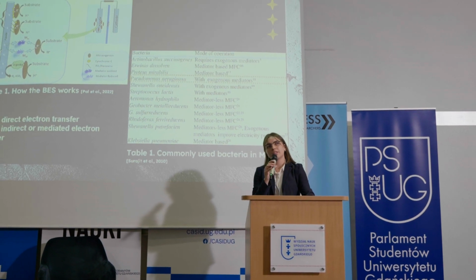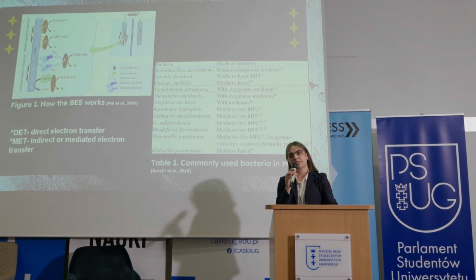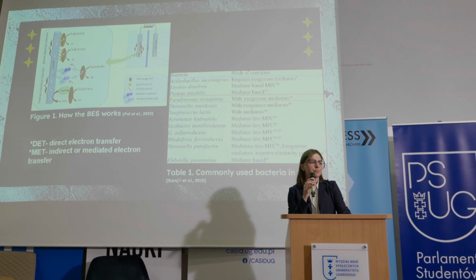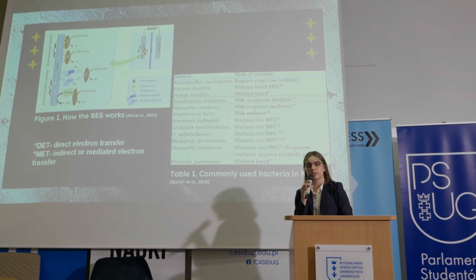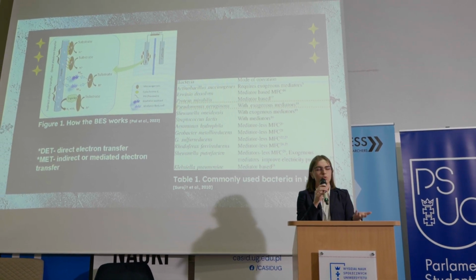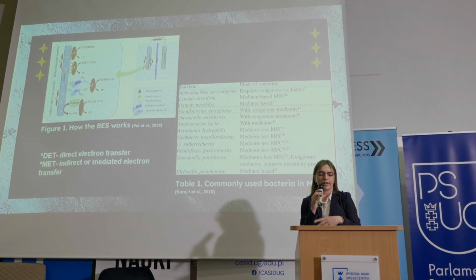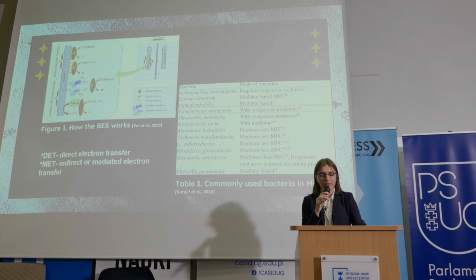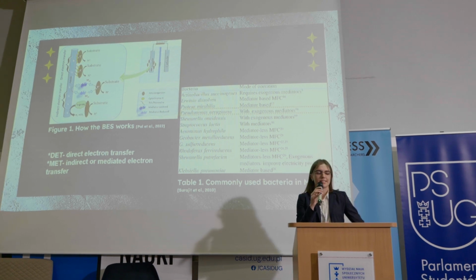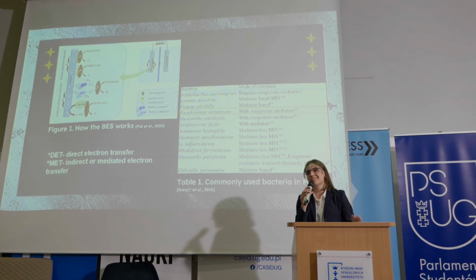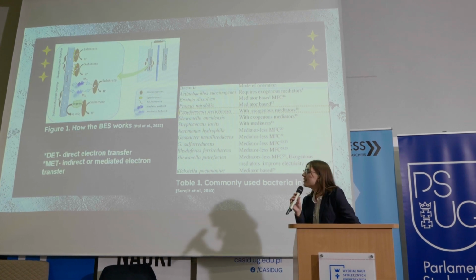And the indirect one, like mediator electron transfer, means that between the anode and the microorganism there is a soluble mediator that can transfer these electrons to the anode. So in this case, phenazines can be used as these electron mediators. Next one.